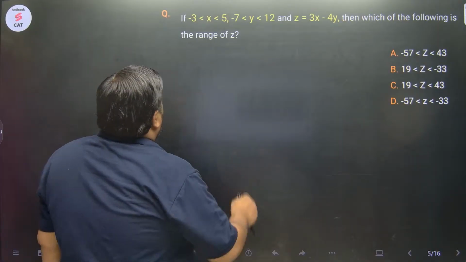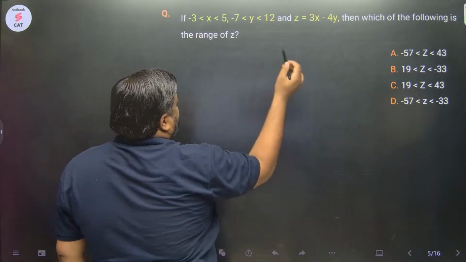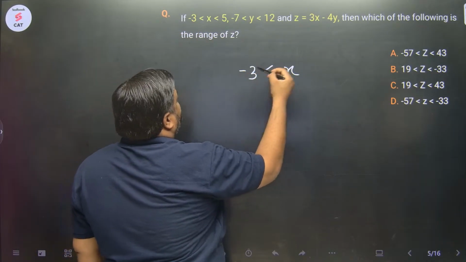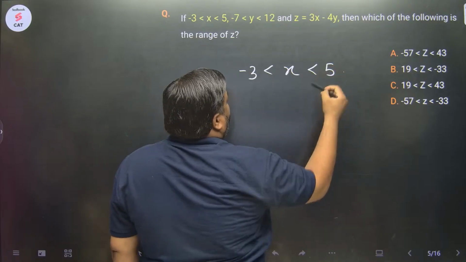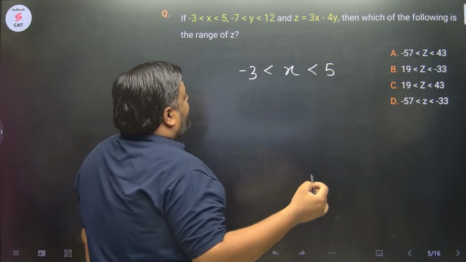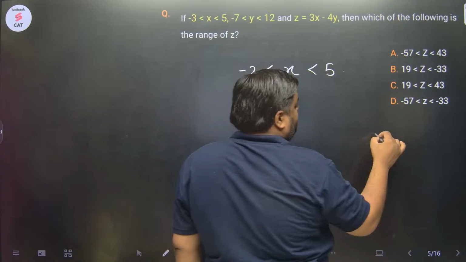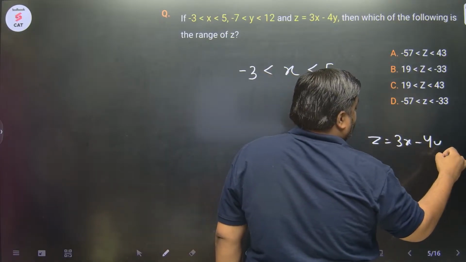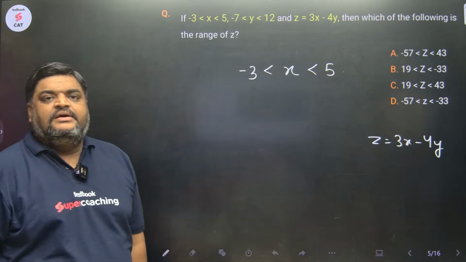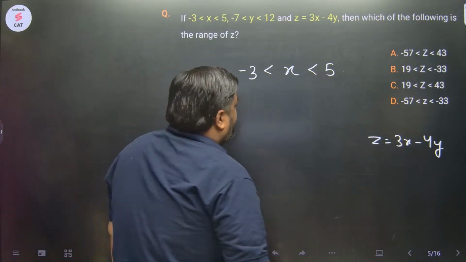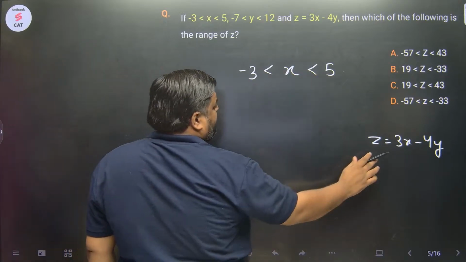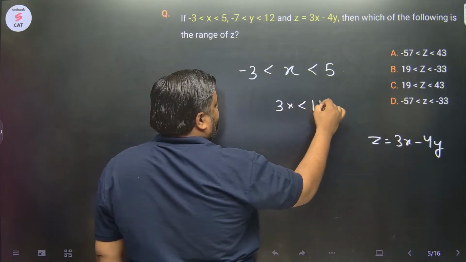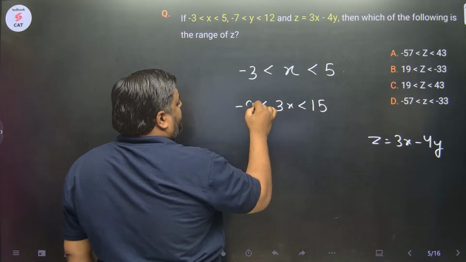Aajao. So what is given? Minus x lies from minus 3 to 5. Okay. And z is nothing but 3x minus 4y. So if x lies from here to here, 3x will lie from minus 9 to 15.